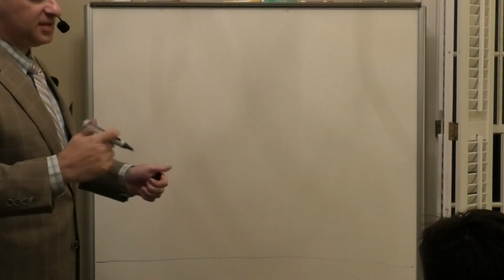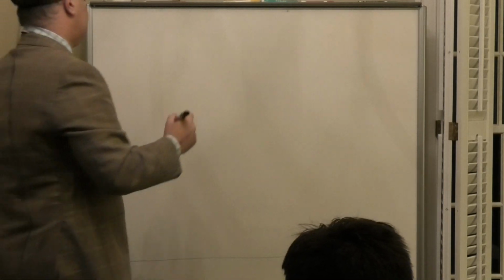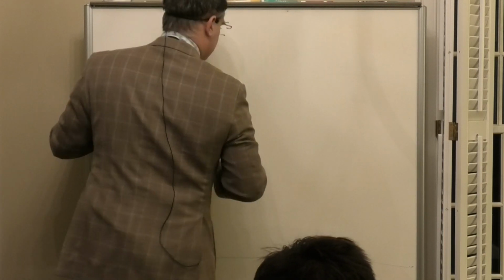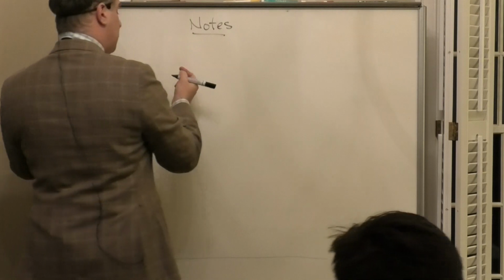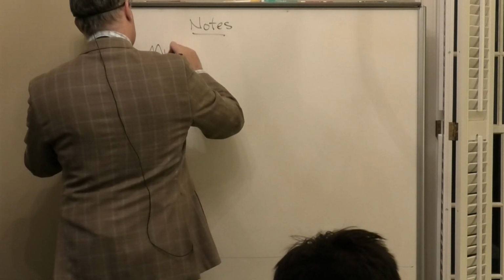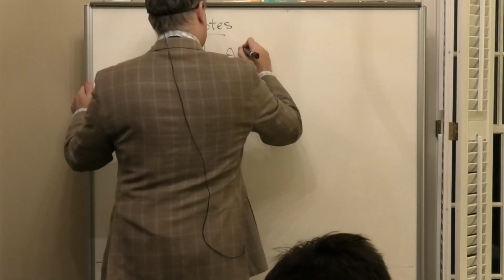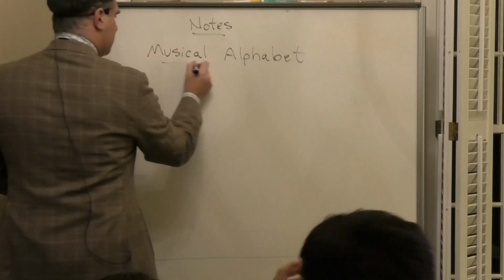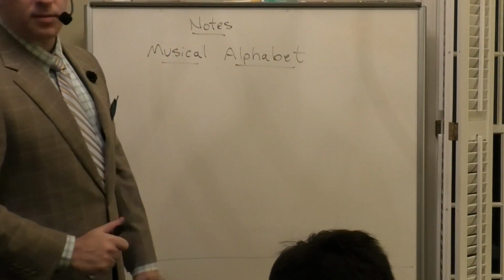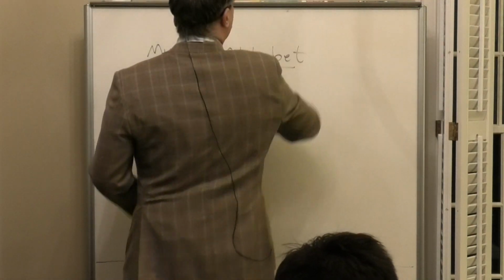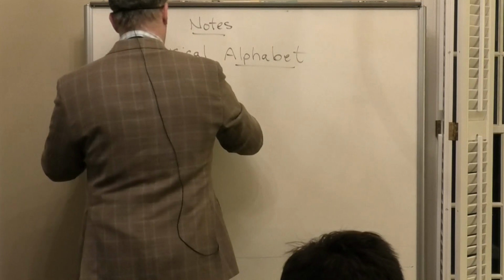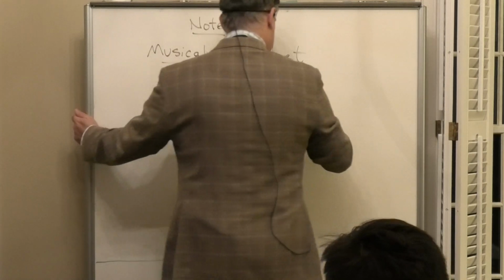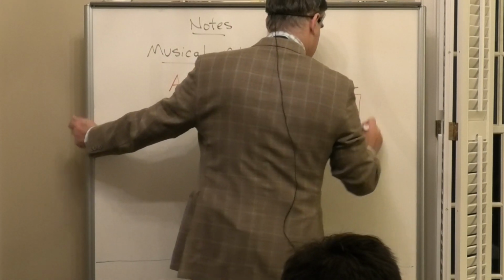All right, now let's look at notes. Okay, so the musical alphabet consists of A, B, C, D, E, F, and G. Now the regular alphabet goes from A to Z. The musical alphabet goes A to G. A, B, C, D, E, F, G. And that's it.